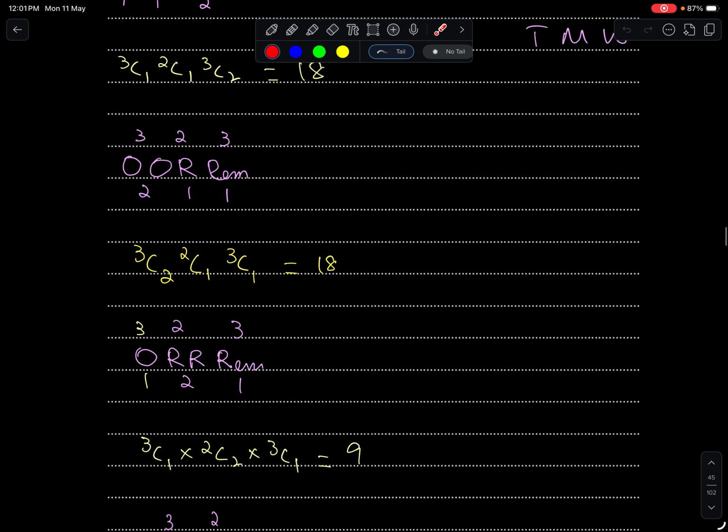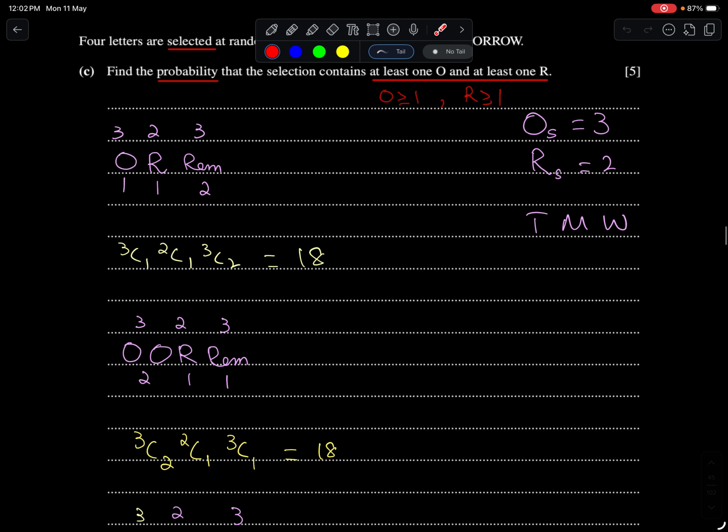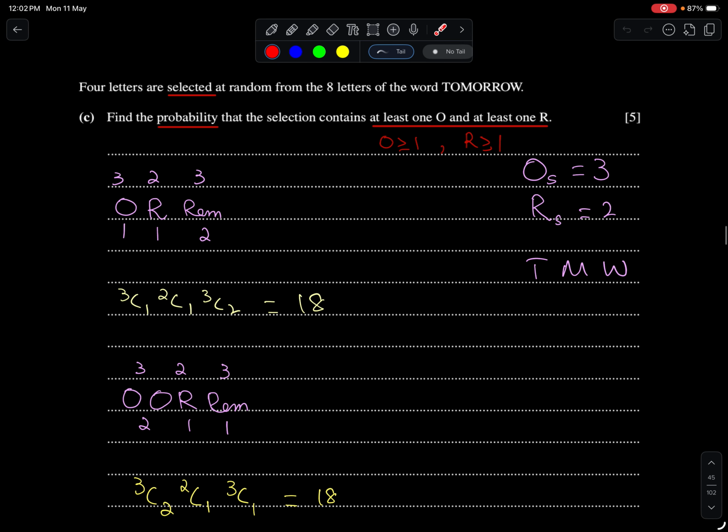And you must know that in combinations, if it says find probability, then you have to show combinations even for the selections of identical objects. This concept is extremely important.